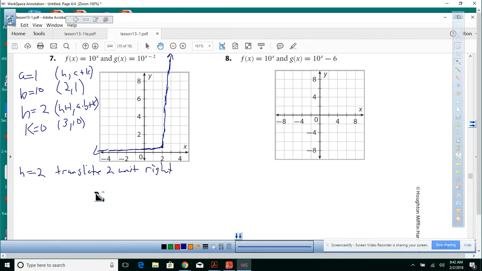And just for giggles, let's do the original. That would be 0, 1. Let's do the parent function 10^x here. So that's 0, 1, and then 1, 10 would be right there.